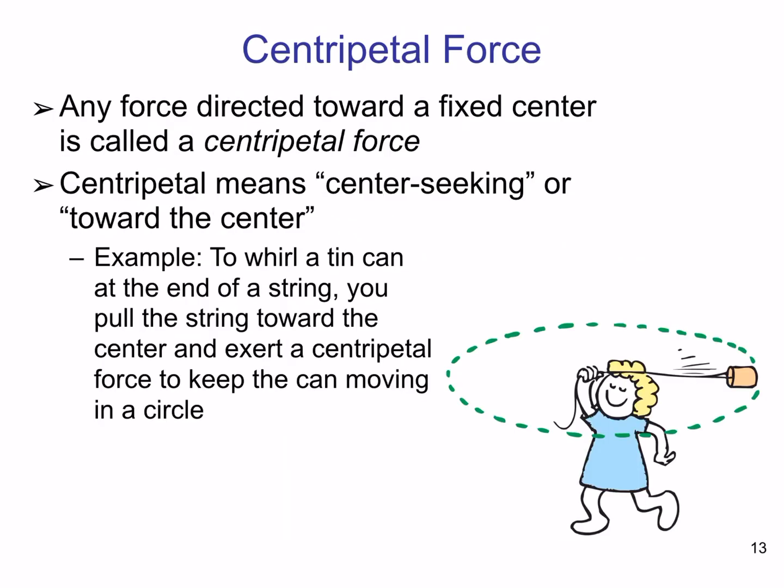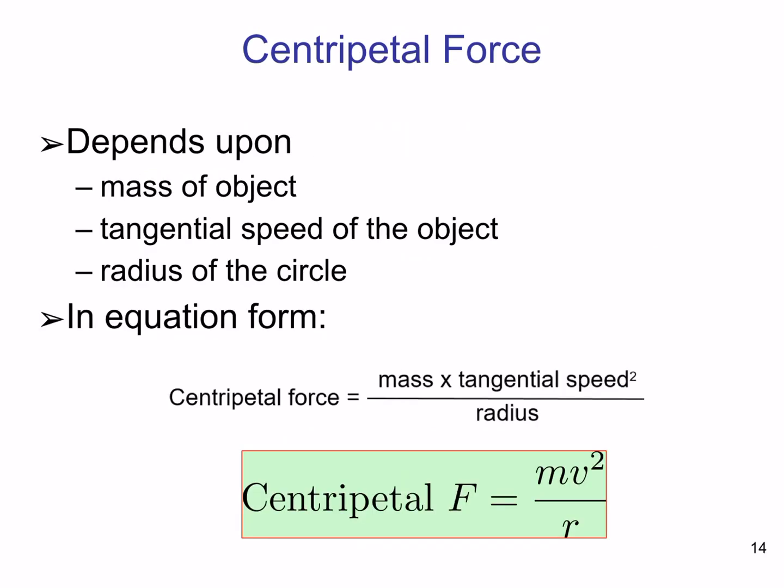Another example would be a planet orbiting a star, in which case the force of gravity provides the centripetal force. And what we discussed was that the centripetal force, if we think about it mathematically, is going to be equal to mv squared over r, where r is the distance to the center of rotation.